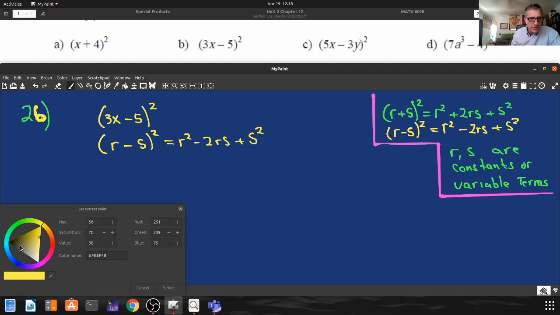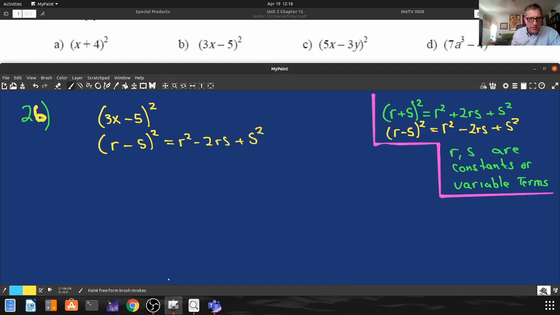So what I need to do is find my r and my s. So r is 3x and s is 5. See, the negative signs match up, so the s has to be 5.